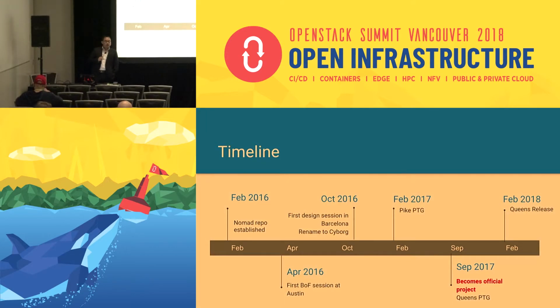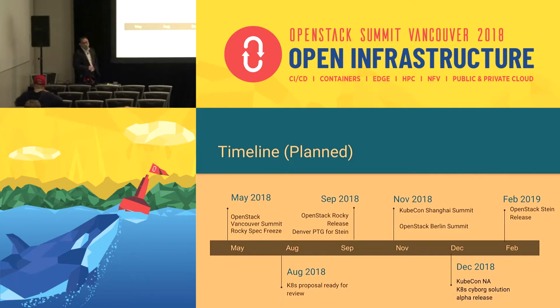And we had our first official release for Queens in February this year, which is a big milestone for us. Looking forward to this year, we will continue working on additional features and support for the Rocky release. We also talk with the Kubernetes communities to help them provide accelerators for containers as well.